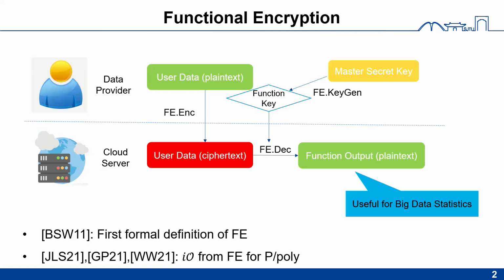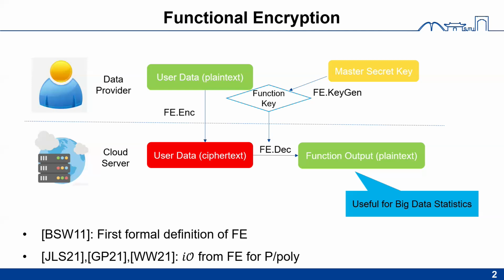A functional encryption scheme consists of four algorithms. Besides the normally defined algorithms Setup, Enc, Dec, as in public key encryption, there is another algorithm, KeyGen, in functional encryption, which takes the master secret key MSK and a function f as input and outputs a functional key SK_f. In the decryption algorithm, the function key SK_f instead of the master secret key MSK is used, and the function value f(m) instead of the message m itself is returned.